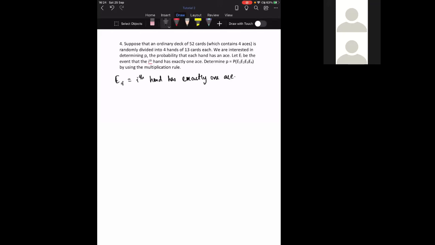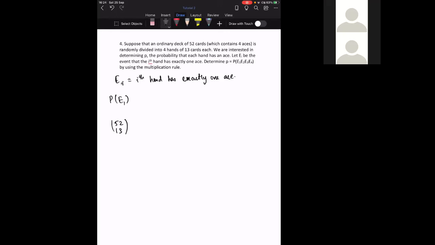So let's first find the probability of E1. So we're going to look at our sample space. We have 52 cards at the moment. So what do we really need? It's just rough working. We want to choose 13 out of those 52 cards.